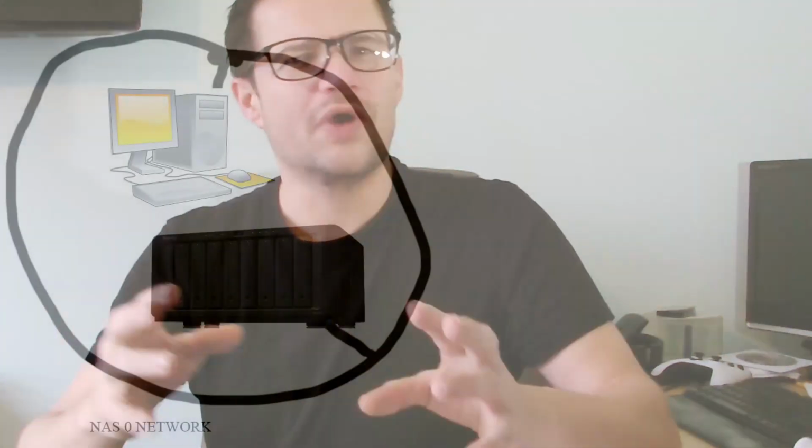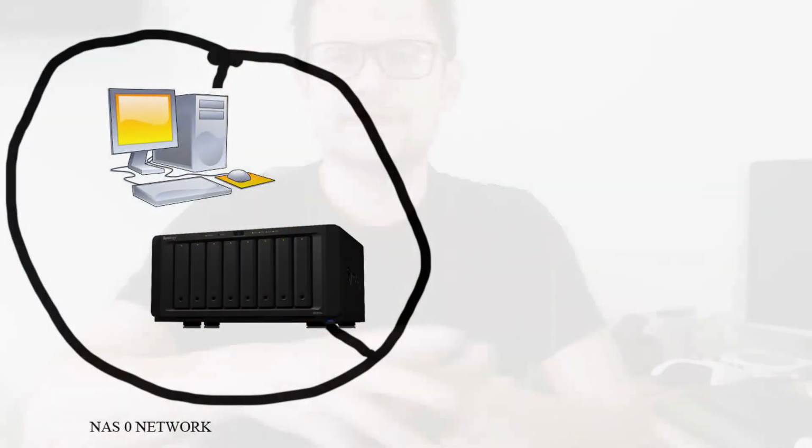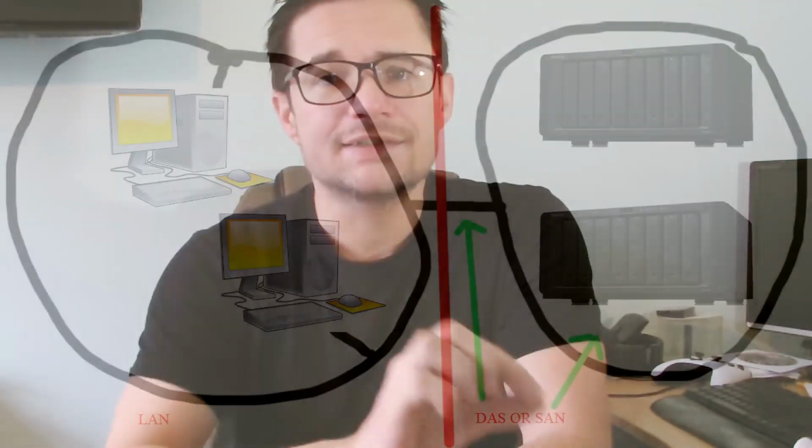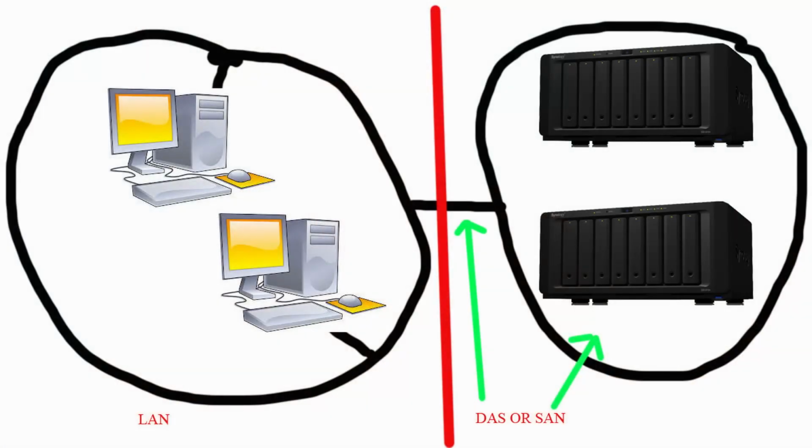Now NASes, such as a Synology box, are attached to the network, and it operates a file share system and other things as well. So the difference between a SAN is that it's a separate network of storage which is attached to the network, so two network rings attached together so that there's communication.